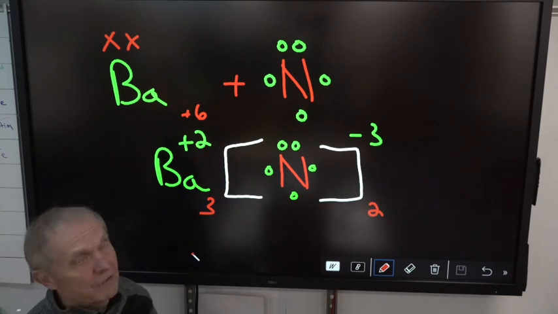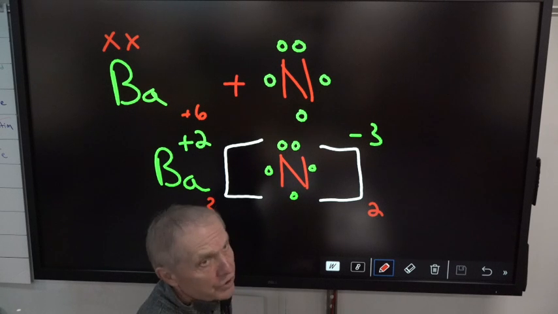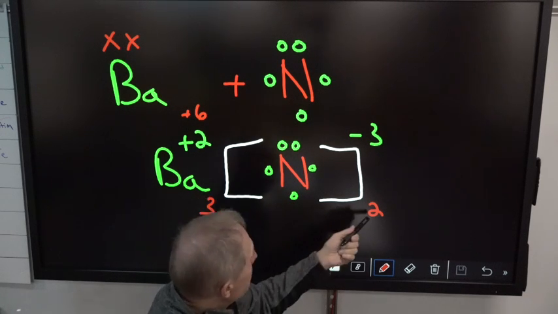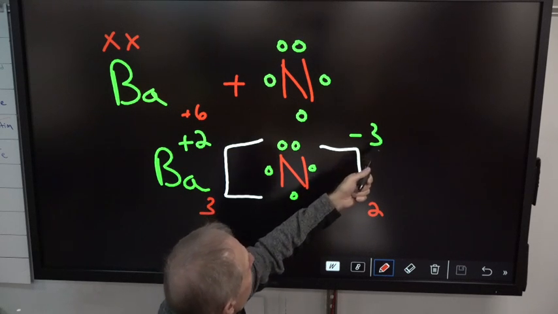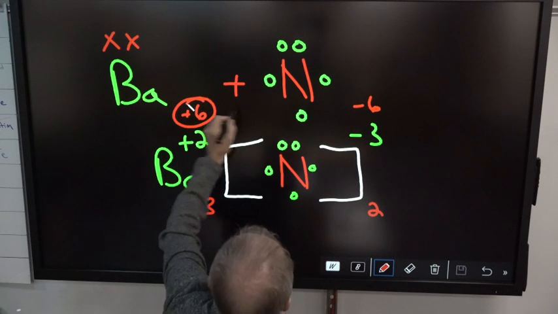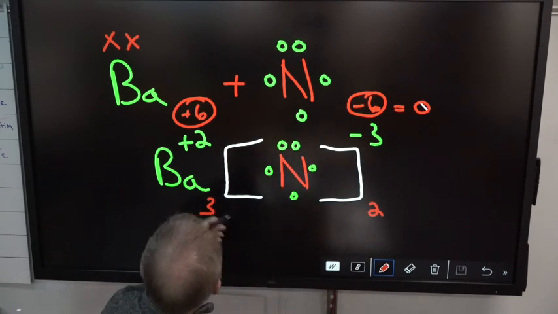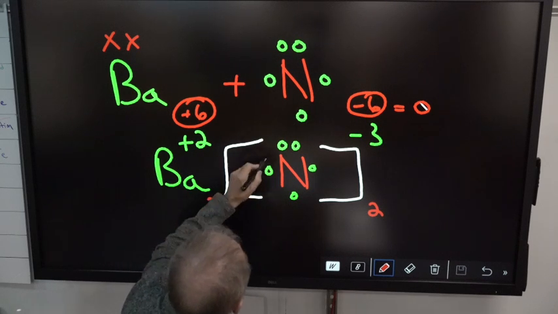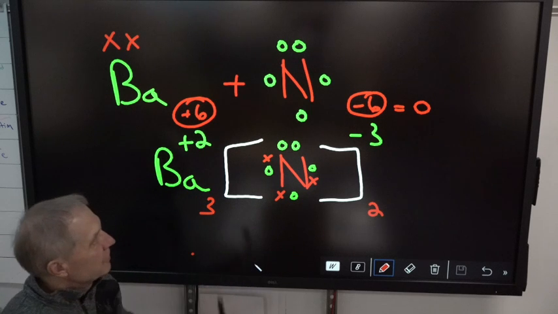One nitrogen wants 3, but we have 2 nitrogens, each wanting 3, which is a -6. A +6 and a -6 equals 0. Now we plug in the X's and we have a stable octet.